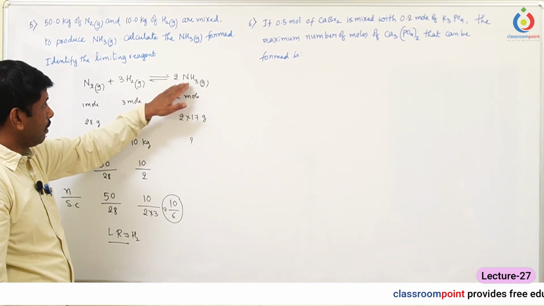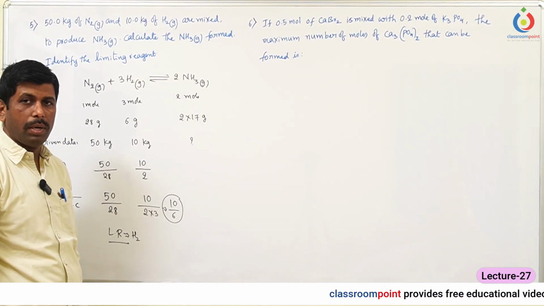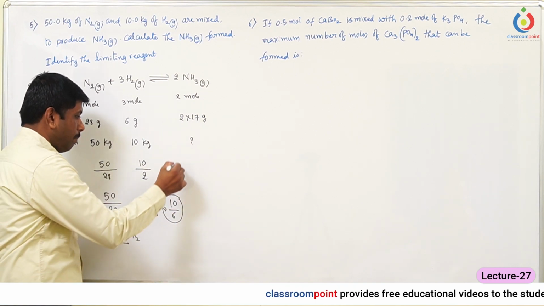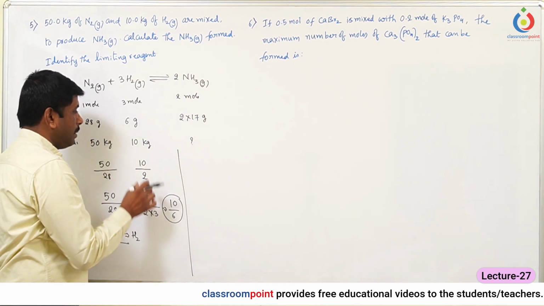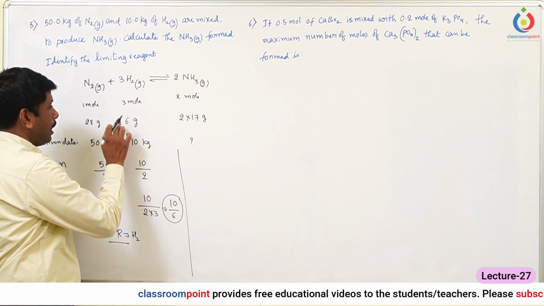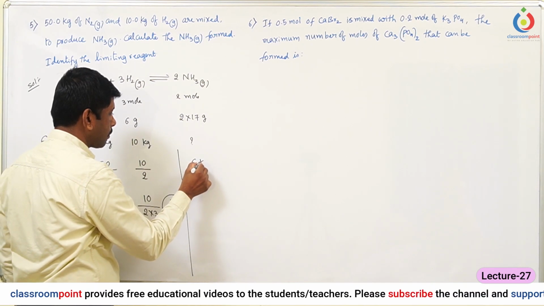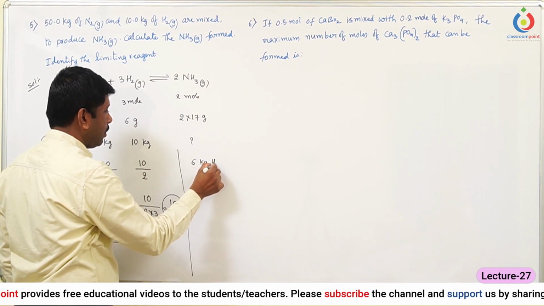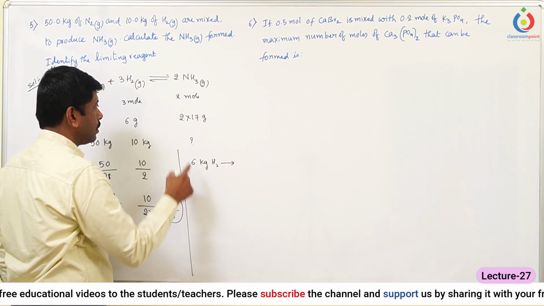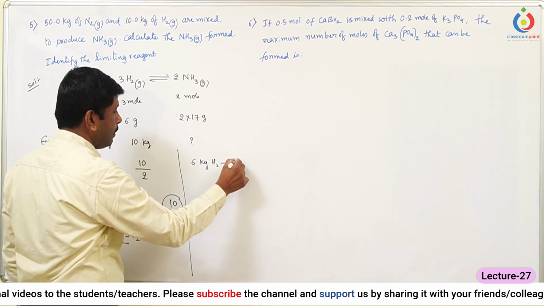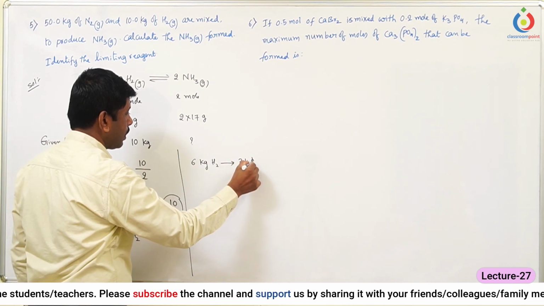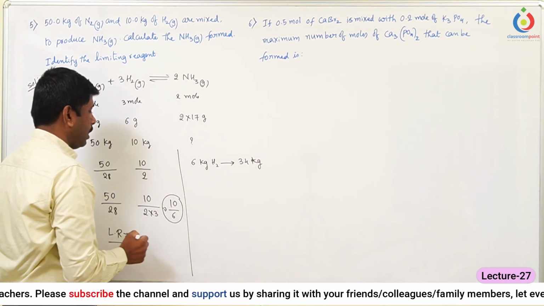Now let us find the mass of ammonia that is going to be produced. The mass of product produced always depends upon the limiting reagent. That means 6 grams, or you can consider it as 6 kg. 6 kg of hydrogen is able to produce 2 into 17, that means 34 kg of ammonia.